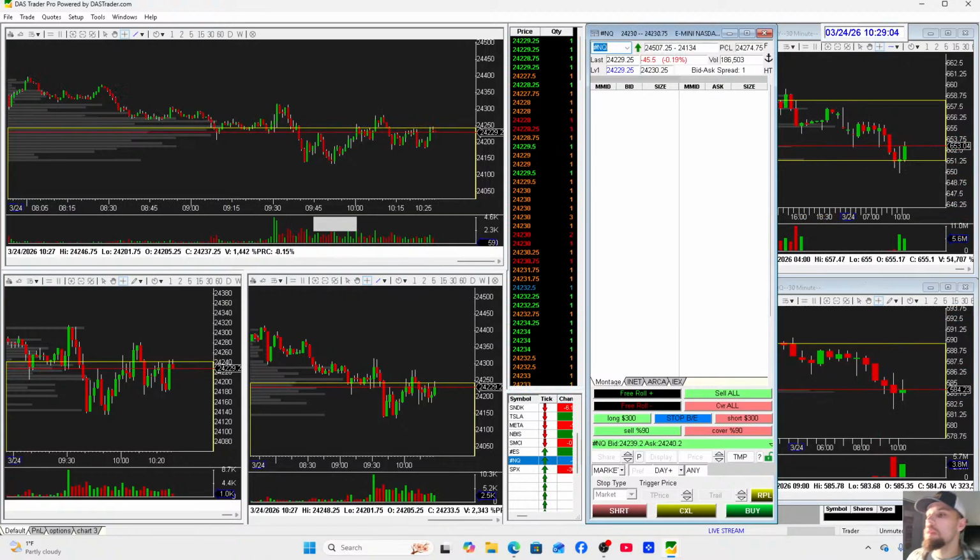Alright, 1 minute until this next 30-minute candle closes. Just thumbing through the charts here. Google's looking great for that continuation down.